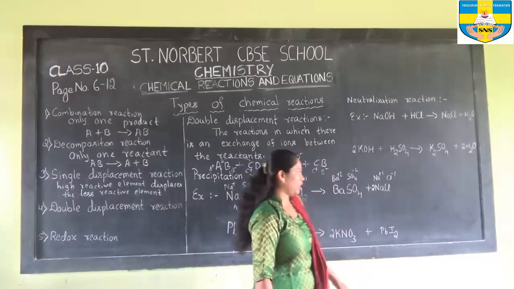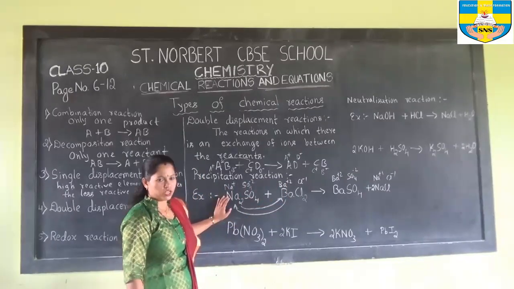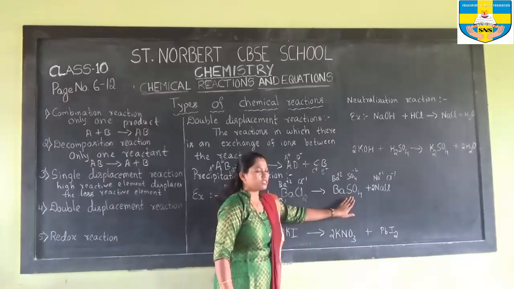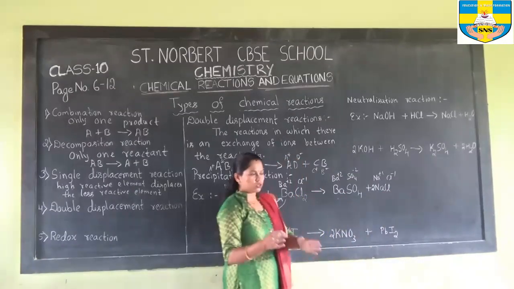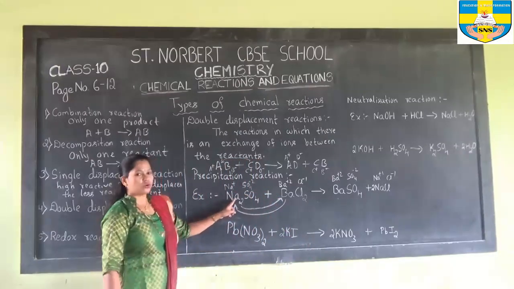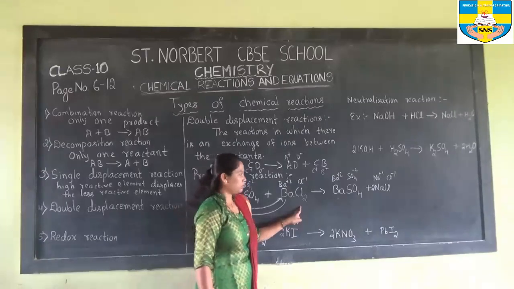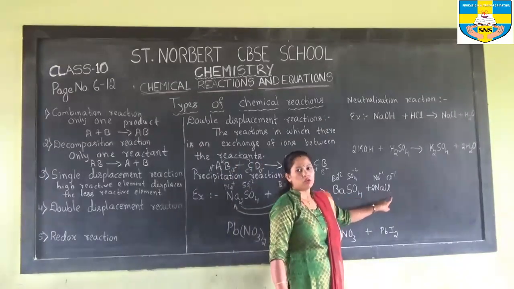That is nothing but in the reactants the cations are exchanged. So the products are BaSO4, barium sulfate, and NaCl, sodium chloride. So the total reaction: sodium sulfate reacts with barium chloride to produce barium sulfate and sodium chloride.